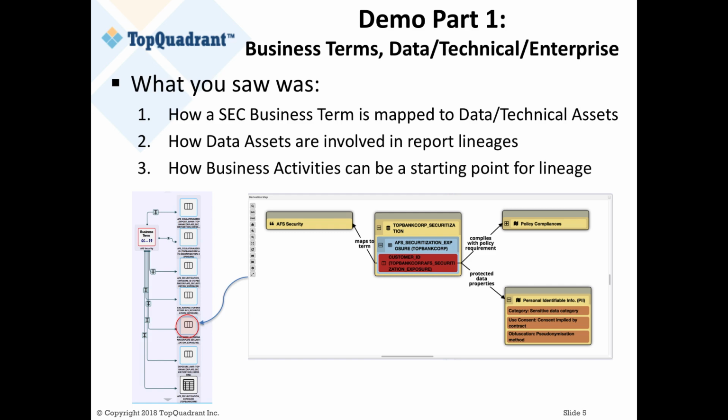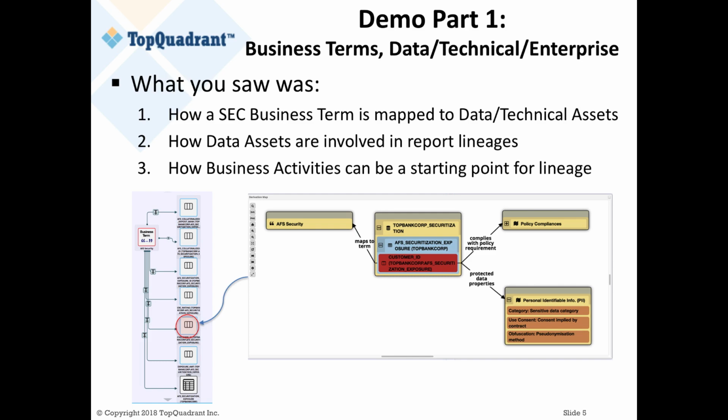In fact, we went further and showed how business activity can also be a starting point for exploring lineage. So this we did by first having a view of how the term was taken up, as you see on the left here, and we got into various derivation maps. So that concluded part one.